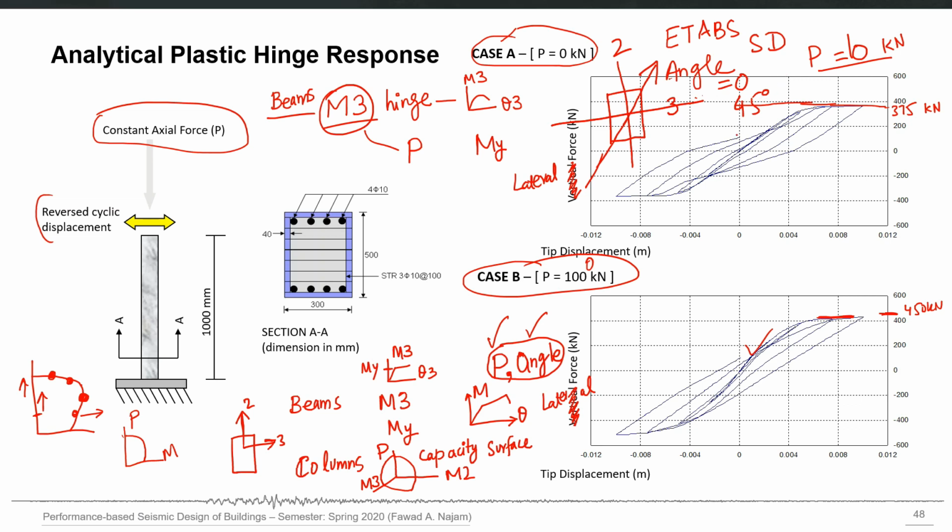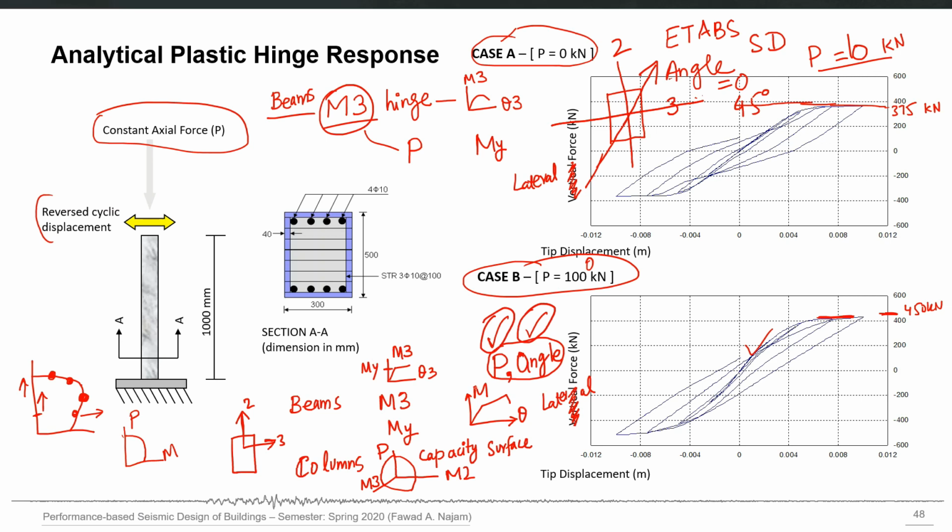So which means that for the case of columns, again I repeat that there are two more variables which will modify the moment rotation curve which you give as an input. So you give one curve as an input, but that will be modified based on the level of axial force and based on the angle of moment or the angle of neutral axis.